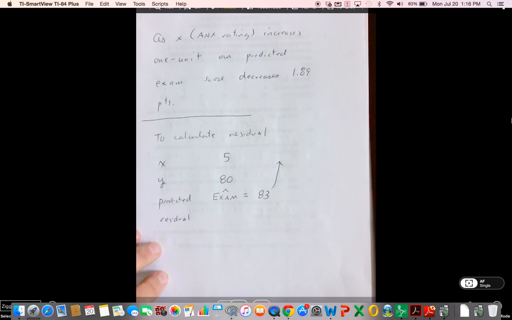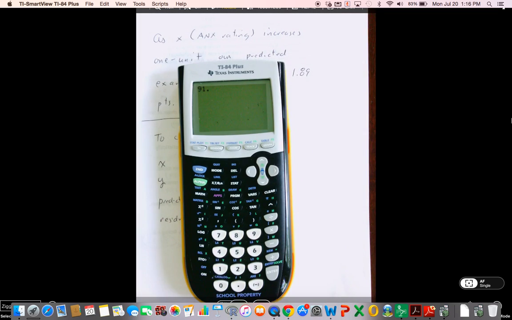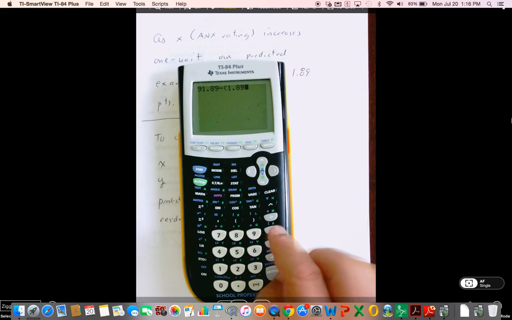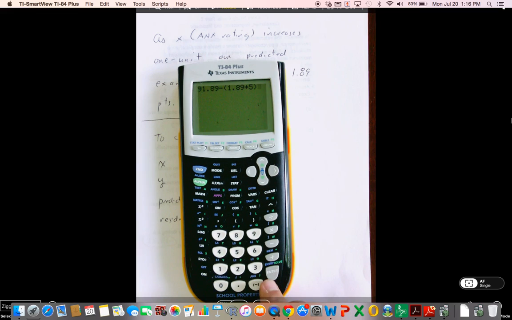I don't know why I can't remember this. 91.89 minus 1.89 times 5. All right, much better. So we get an 82.44. It's off a little bit because of rounding.